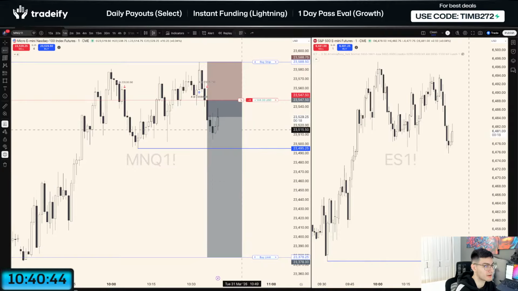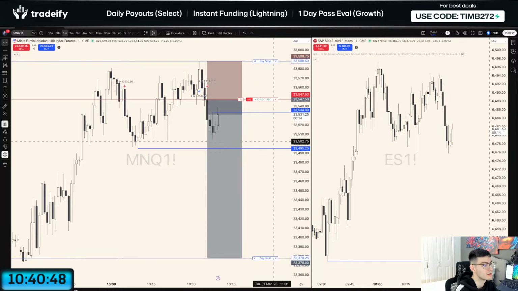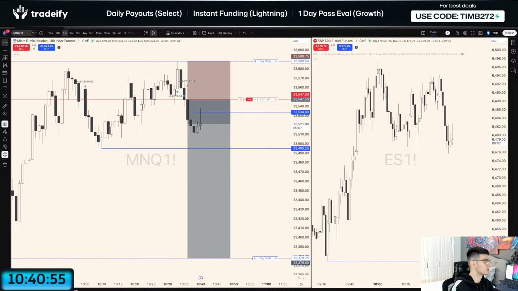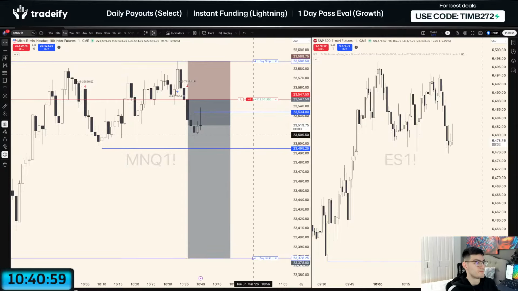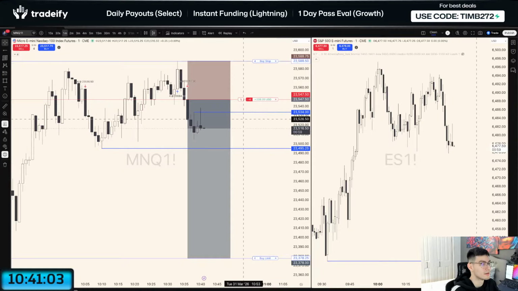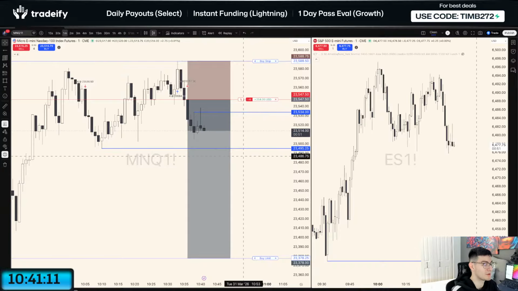I want to see a reaction off that, continue lower. Not a bad candle close there. You said death candle incoming. I'm hoping. That would make me very happy.